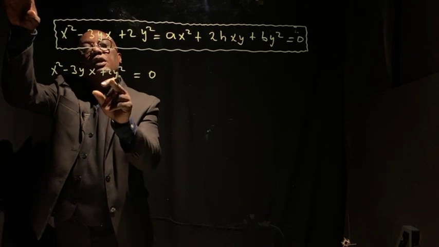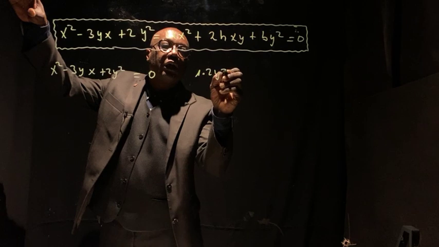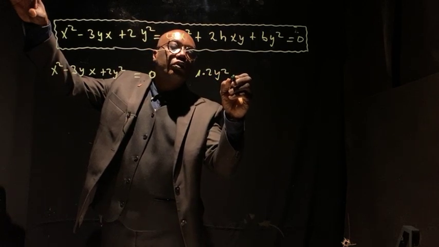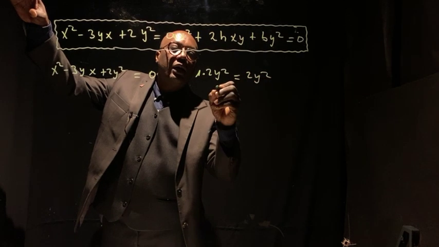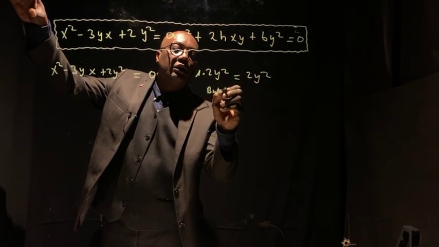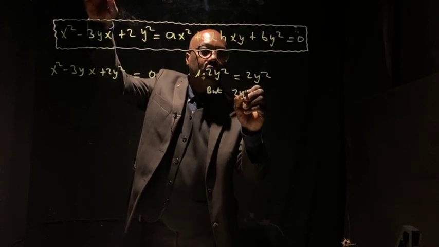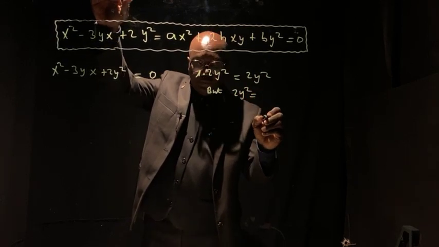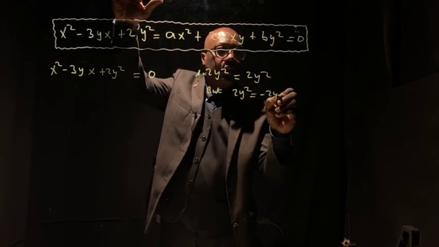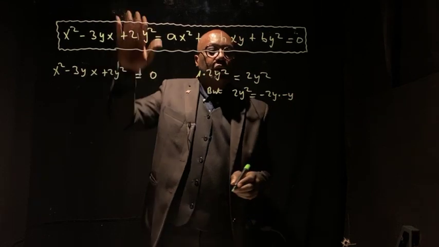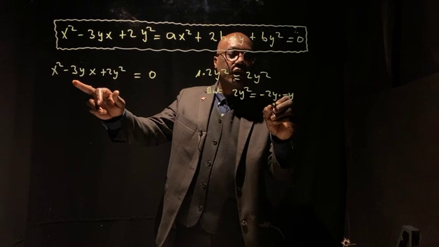We will multiply it to the constant, which means we have 1 times 2y squared is equal to 2y squared. But we also know that 2y squared is no different from minus 2y multiplied by minus y.